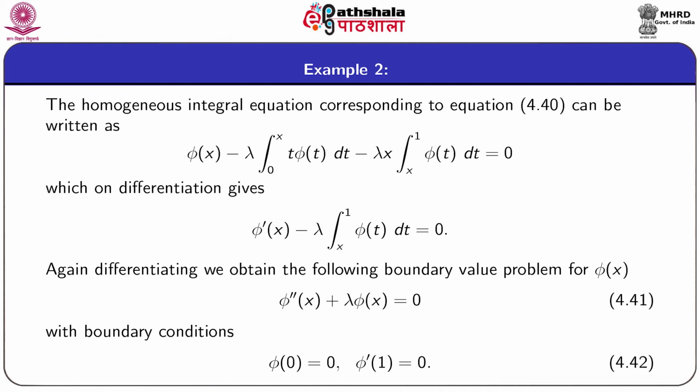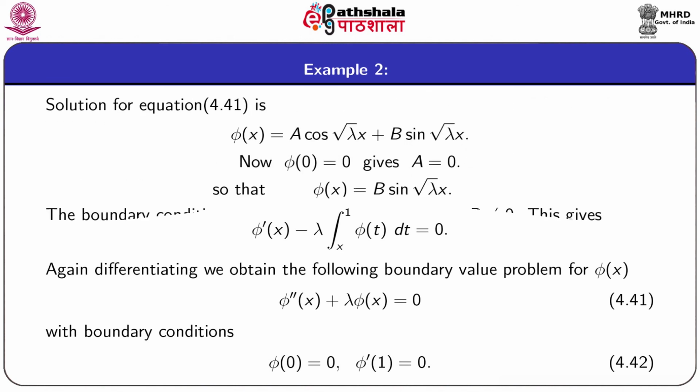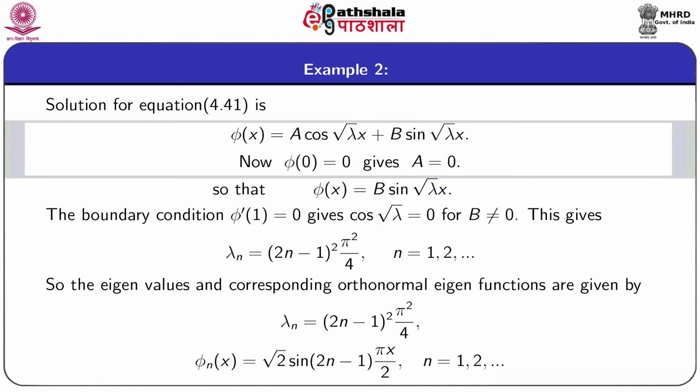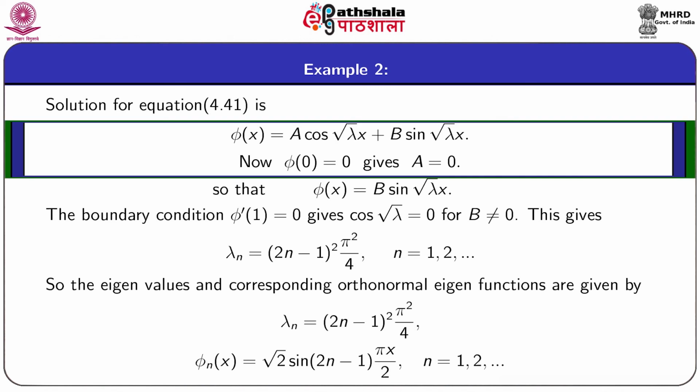Here prime means differentiation with respect to x. Now if we solve the boundary value problem 4.41 and 4.42, we obtain phi(x) equal to A cos(root lambda x) plus B sin(root lambda x).